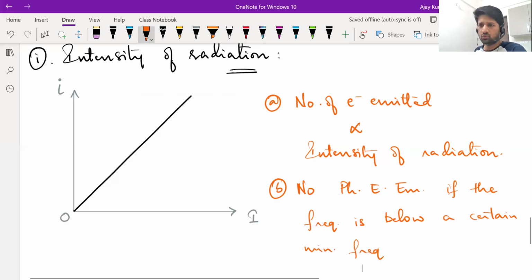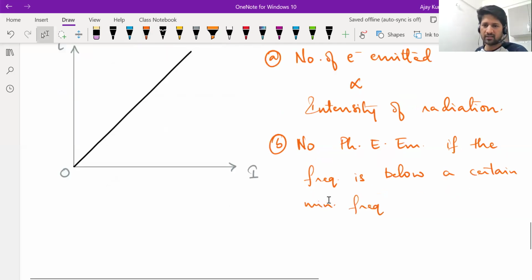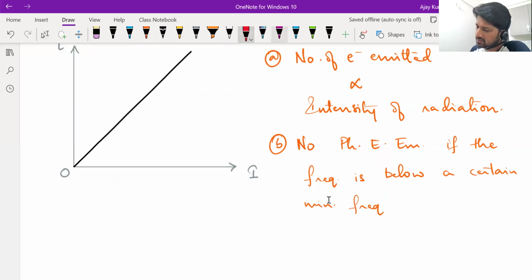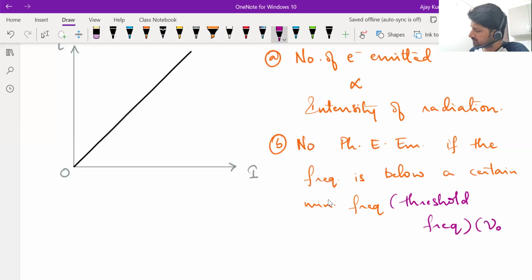When the frequency is too low, however much intensity you put, you are not going to observe photoelectric emission. This minimum frequency is called threshold frequency, denoted by the symbol nu naught. Only if frequency is equal to or greater than the threshold frequency, then based on intensity, the current was found to increase or decrease.